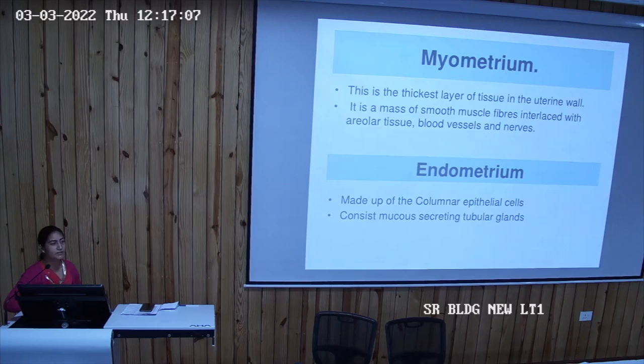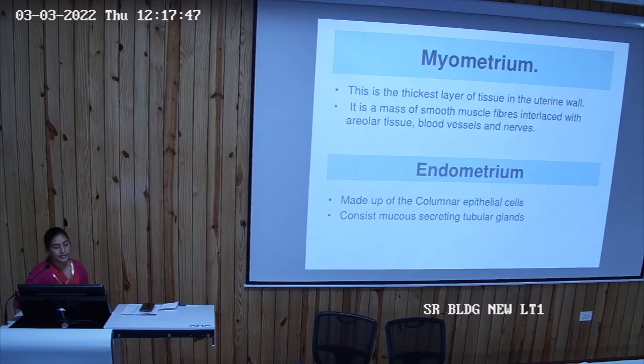Skeletal muscle fibers also contract. What is the difference between skeletal and smooth? Voluntary. So here the involuntary movement occurs. So there are smooth muscle fibers, which are under the control of the autonomic nervous system.